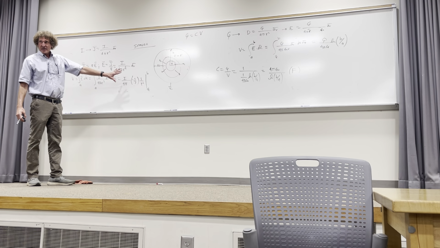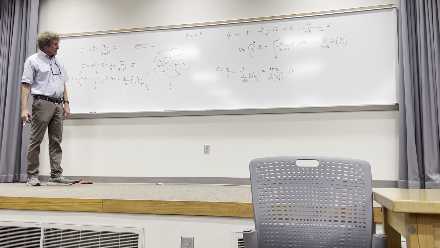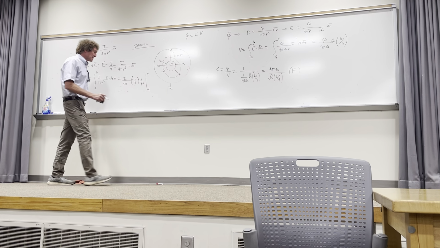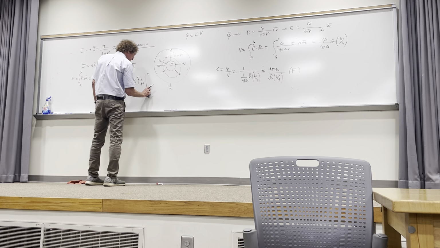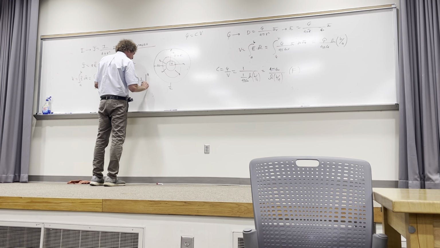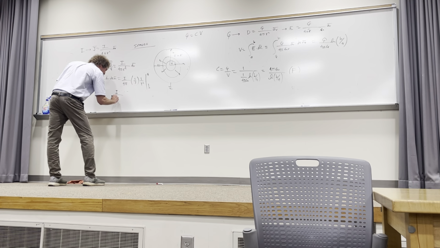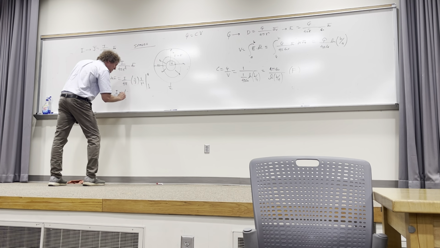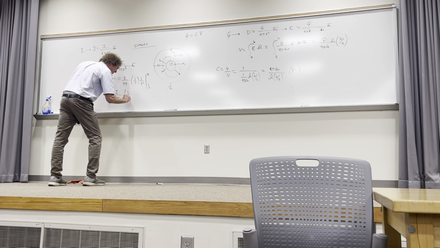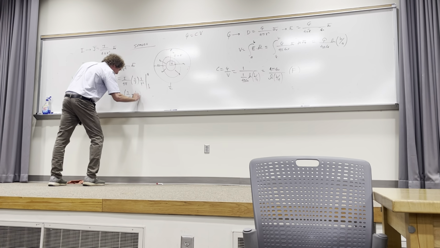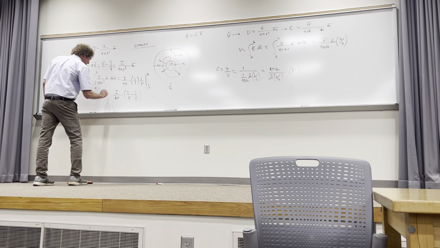Now I don't care if it's negative, do I? But one thing I can do is switch the limits. And if I switch the limits, what do I see happening? I have I over 8 pi, and then 1 over a squared minus 1 over b squared. And that's equal to my V.